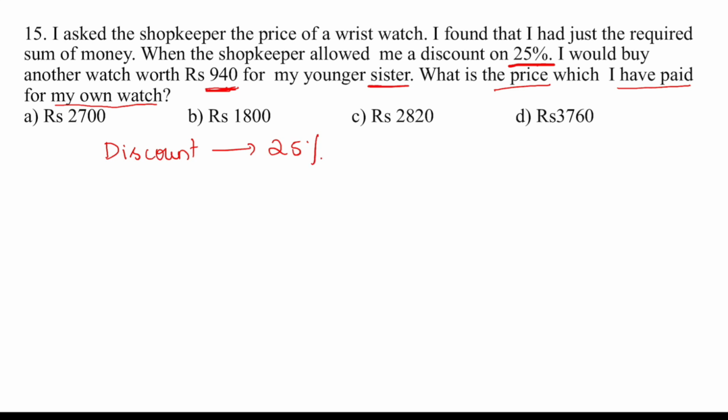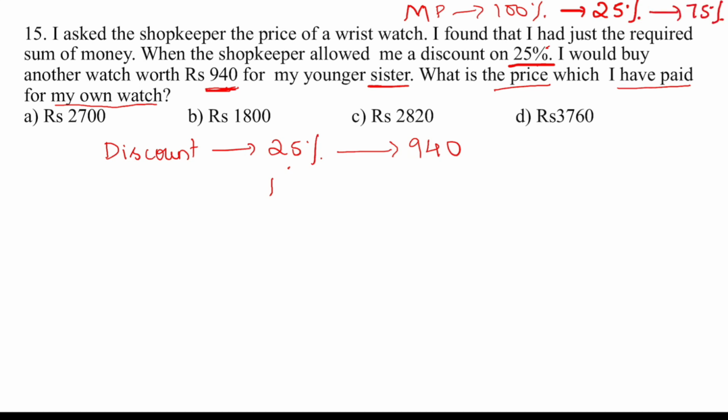That means 25% is equal to 940 rupees. So therefore 100% is how much? But there is no need of finding 100%, because the marked price was 100%, but the shopkeeper gave him 25% discount. That means the shopkeeper sold it to him for 75%, isn't it?